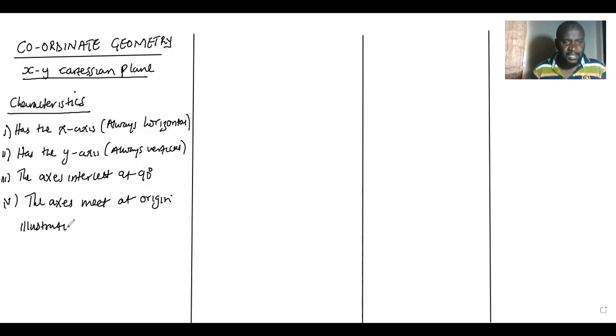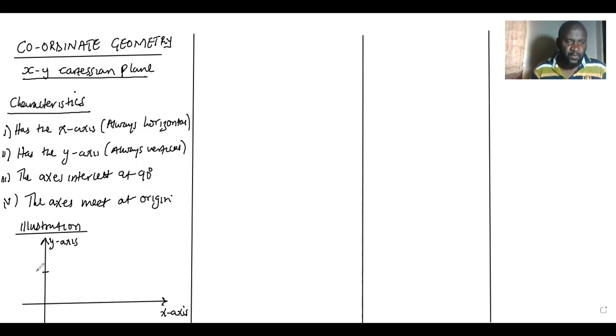And if you are to look at an illustration describing the same, we can have such a sketch whereby I have this as my y-axis, then this as my x-axis, and we label them.